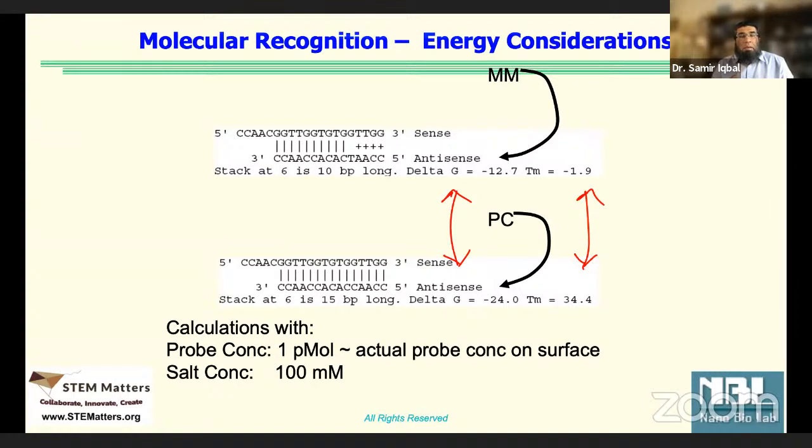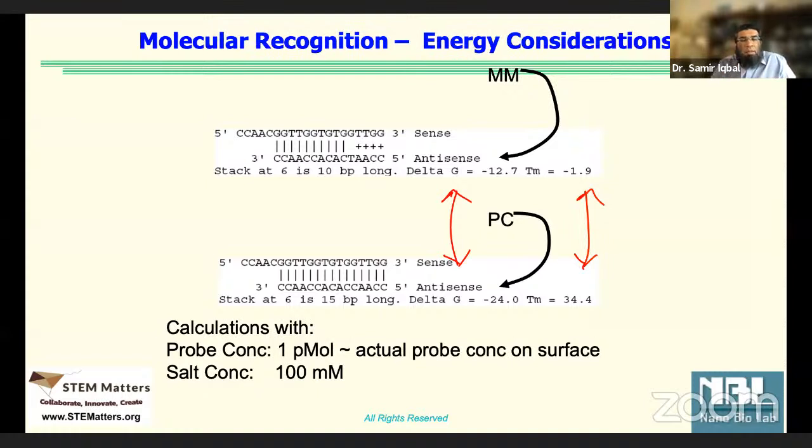But if it is a perfect complementary, the binding stays stable up to 35 degrees. So we play with these sequences because they tell us how stable the molecular recognition would be between a probe and a target molecule.